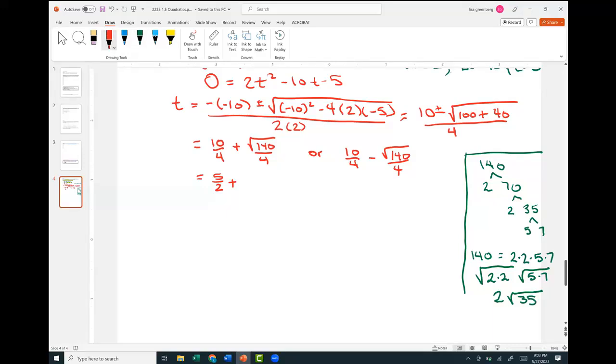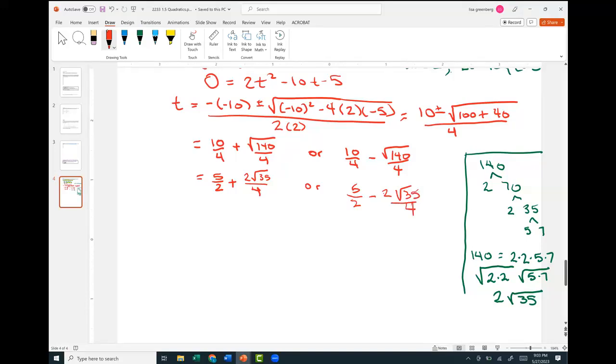So I can write it in here as 2 times the square root of 35 over 4. And same here, 5 halves minus 2 times the square root of 35 over 4.